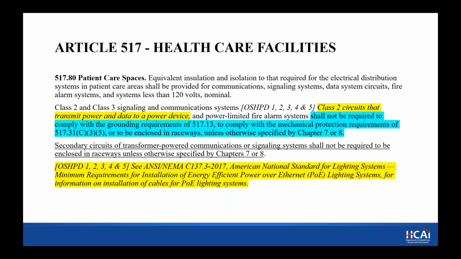That makes sense. Thank you, Jamie. Next question reads, can all lighting wiring be flex? No. The life safety and critical is required to be mechanically protected. So that wiring is required to be in hard pipe.